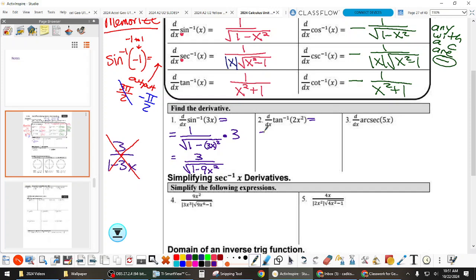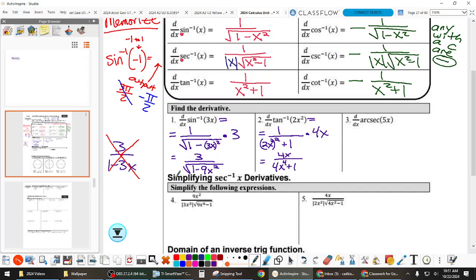All right, next one. So derivative of tangent is 1 over, or sorry, I keep saying it wrong. This is inverse tangent. 1 over x squared plus 1, and then times 4x. X in this case is 2x squared. Okay, so if we simplify this, we get 4x to the 4th plus 1, and then 4x on top.